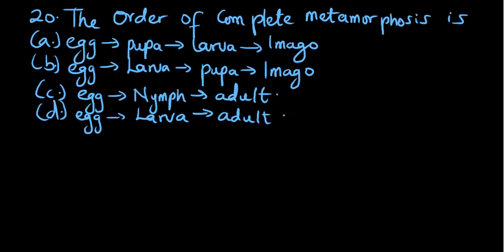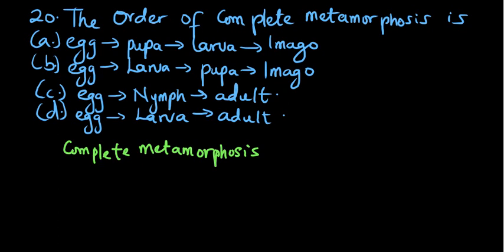Now the order of complete metamorphosis is. Now they're asking us to what? To find the order of complete metamorphosis. Now you need to know how metamorphosis works. Complete metamorphosis involves 4 stages.